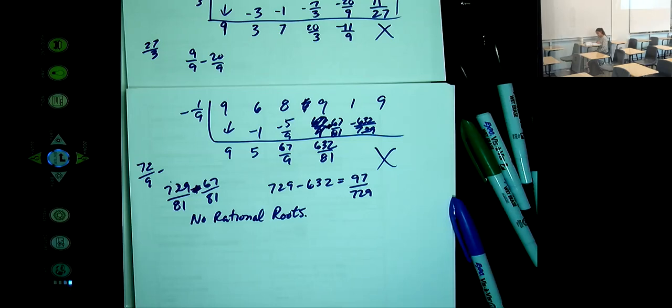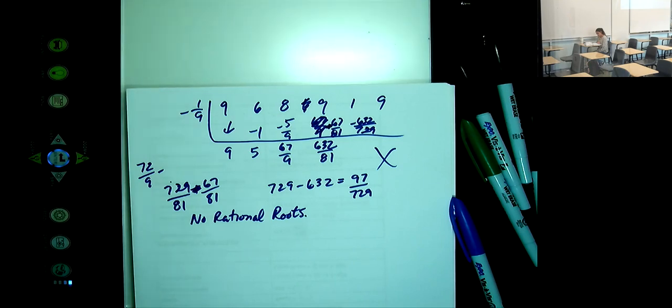All right, let's try a crappy one. That one looks crappy, but we only had 5 numbers to check really, so it wasn't too bad.